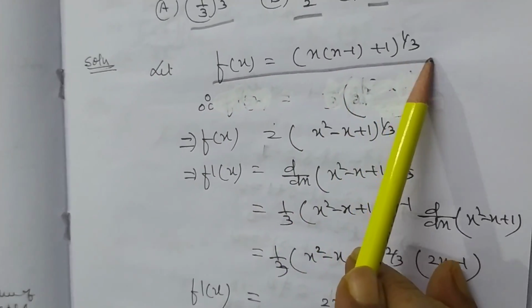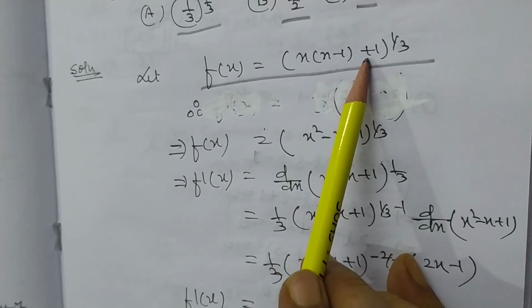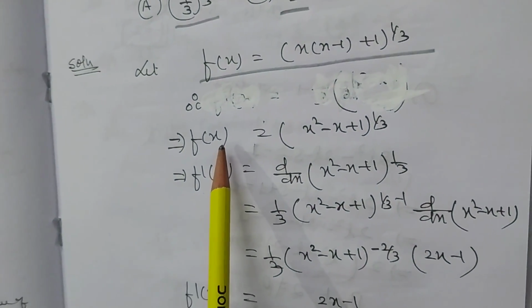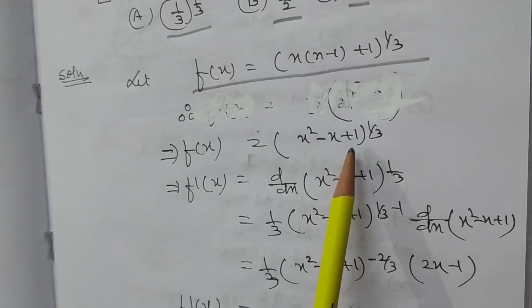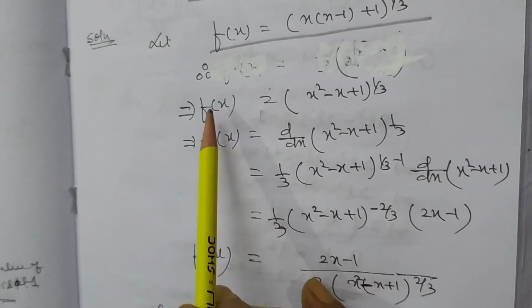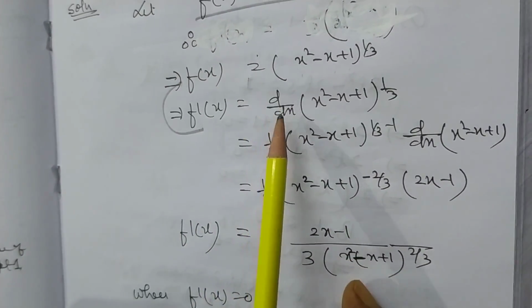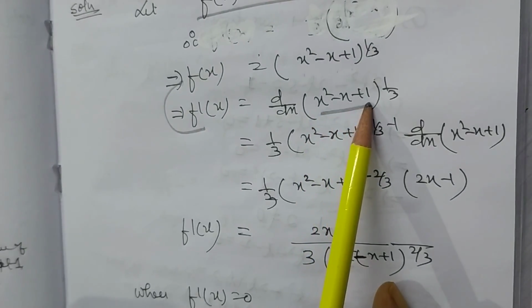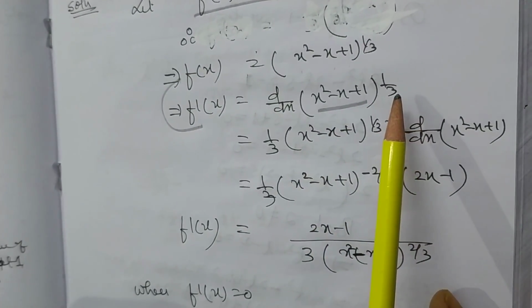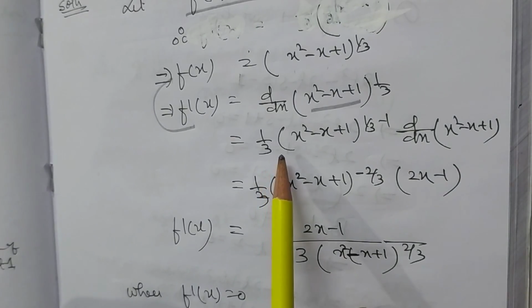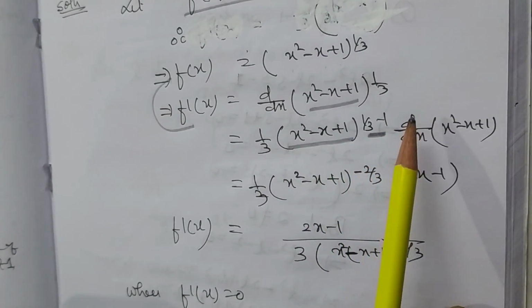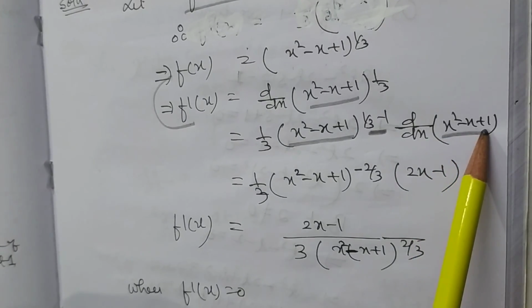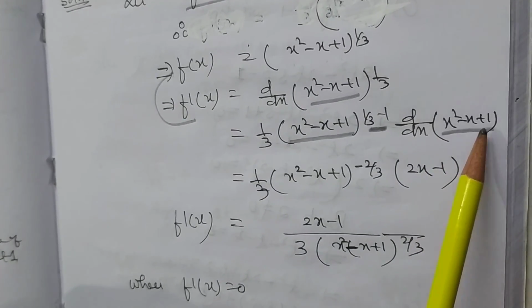Since f(x) is equal to x into (x minus 1) plus 1, whole to the power 1 by 3. After simplifying, f(x) is equal to (x square minus x plus 1) whole to the power 1 by 3. So f dash x is equal to d by dx of (x square minus x plus 1) whole to the power 1 by 3. That is 1 by 3 (x square minus x plus 1) to the power 1 by 3 minus 1, into d by dx of (x square minus x plus 1).